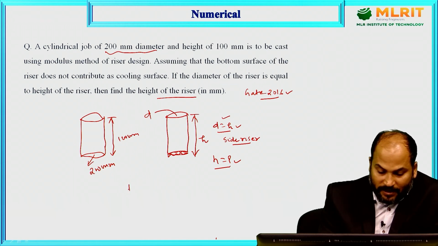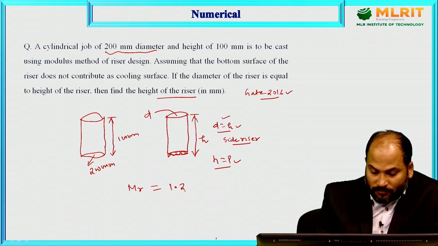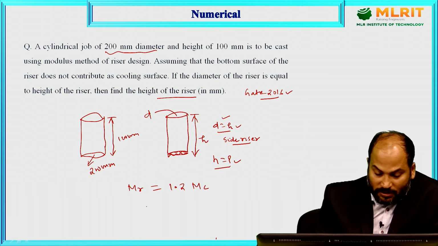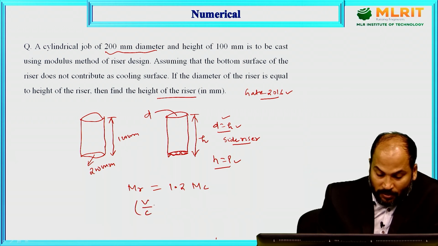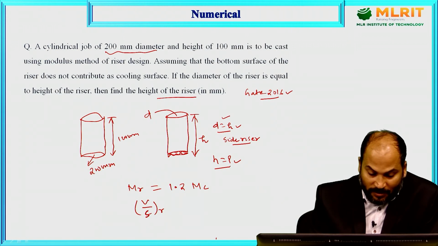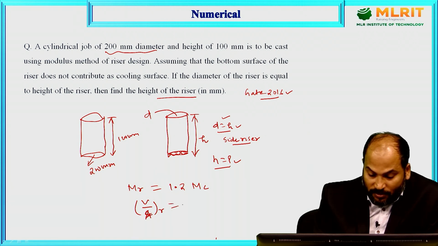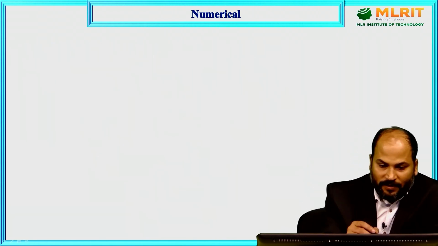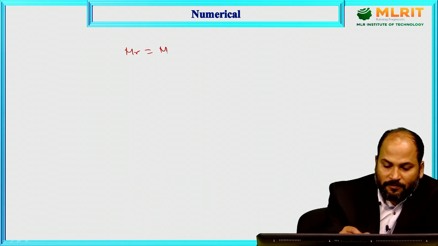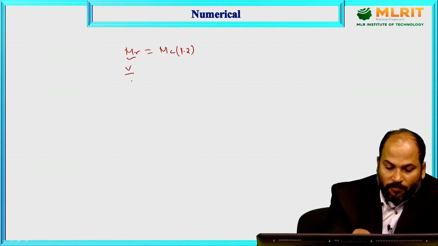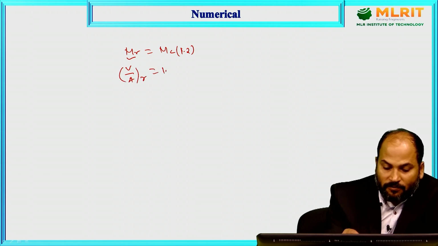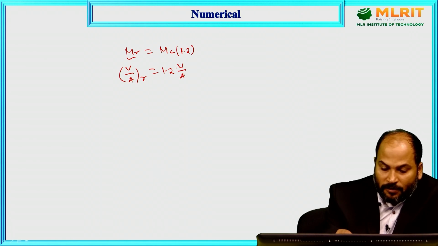We equate MR to 1.2, around 20% more than MC. MR is volume upon surface area of the riser, V by A, and this is equal to 1.2 times MC, the volume upon surface area of the casting.